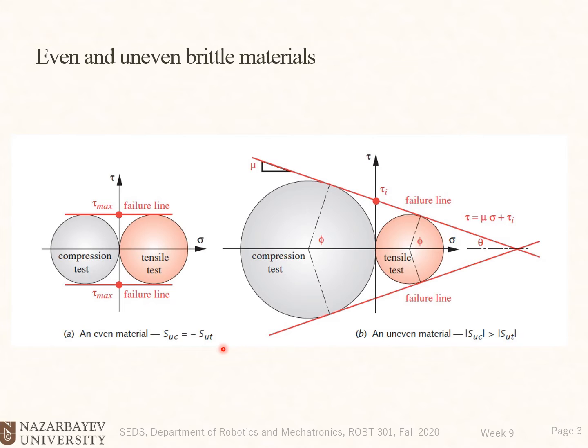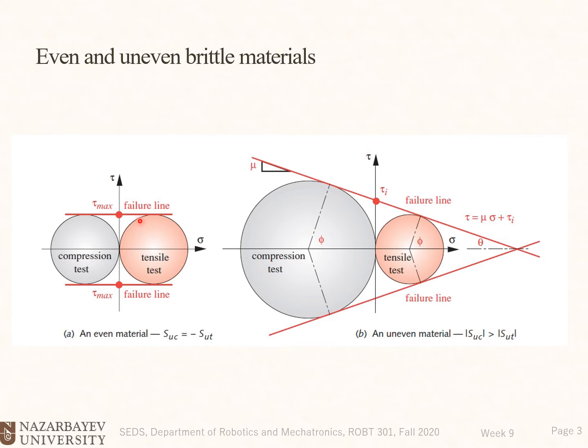So it was not important for us to see what the ultimate strength of the material is, because the yield point was, let's say, the beginning of failure for ductile material. But for brittle materials, we don't use SY, and we consider failure at the ultimate strength of the material.